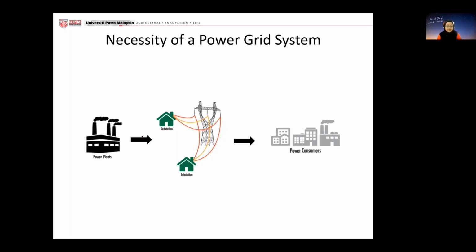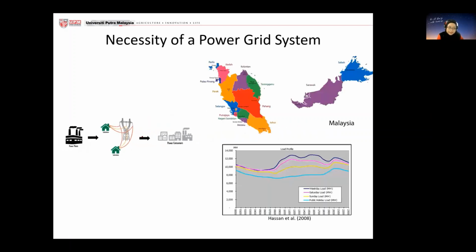It used to be that one area was supplied by one power plant. So what happens if you look at the country as a whole? Is it possible to have just one power plant to produce energy for the whole country?